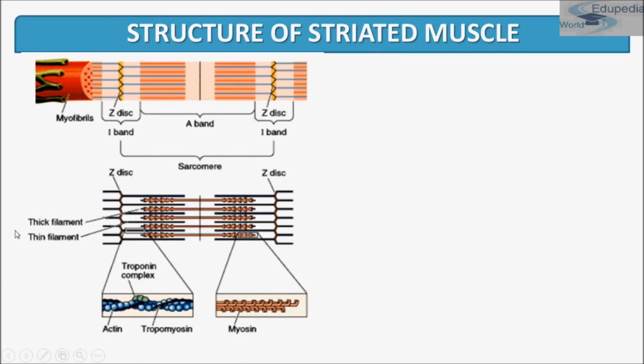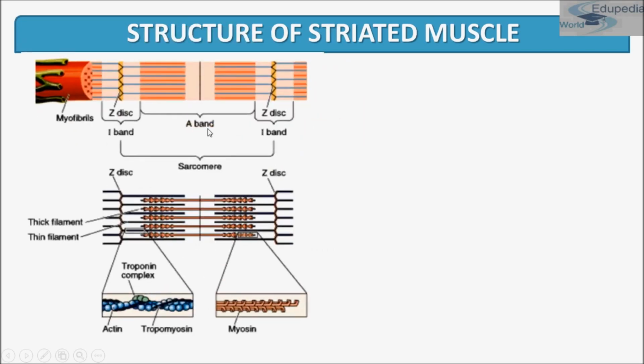Please note that this is a myofibril, and these yellow lines, or the entire part of this, is a Z disc. This is also again a Z disc. The distance between two Z discs is known as the A band, the one which we have just studied.